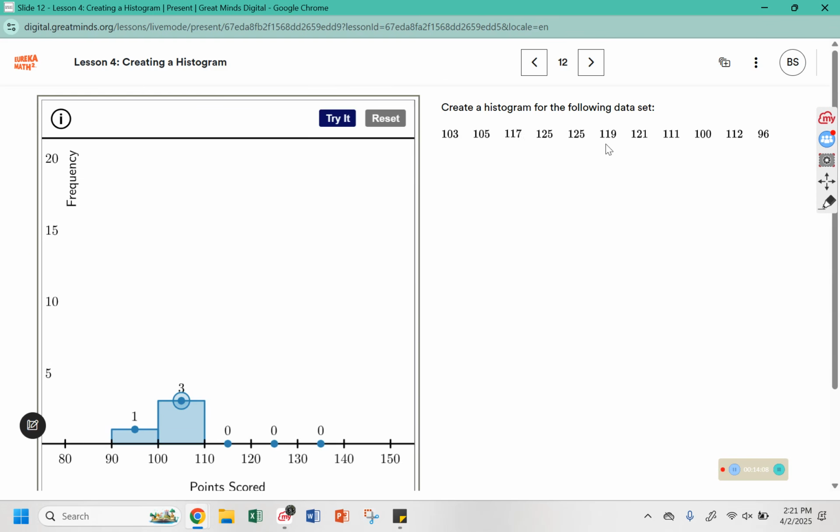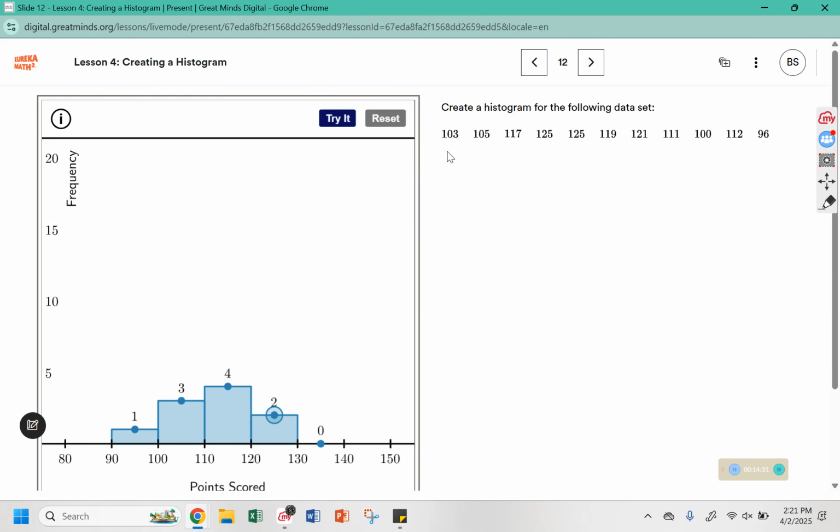There's 1, 2, 3, 4. 120 through 129. We don't want to include 130 here. There is 1, 2, and then 130 to 140.